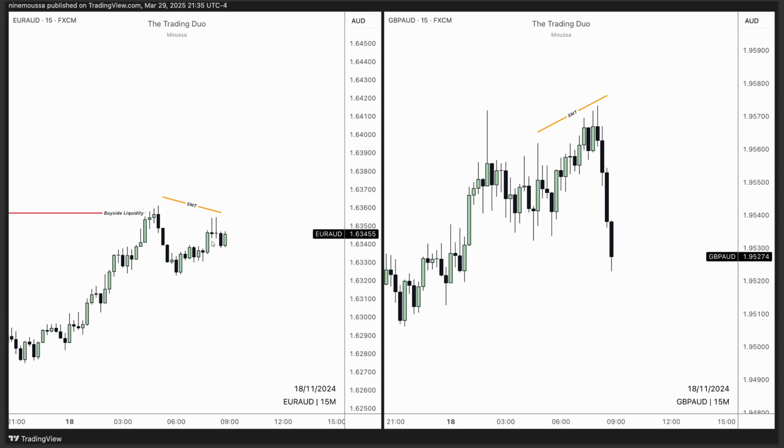This has to happen in a key time, and right now we can see it's happening during New York at 9 a.m., a new 4-hour candle. So we have our SMT, and now I would like to see this bullish imbalance, the fair value gap here, get inverted, and then we can enter our trade on Euro AUD.